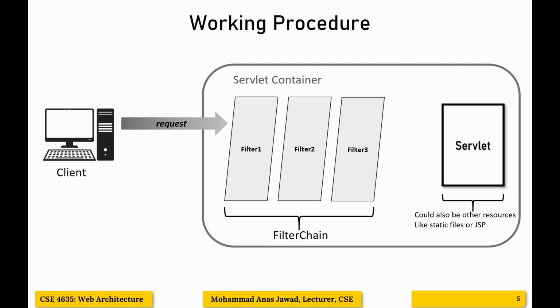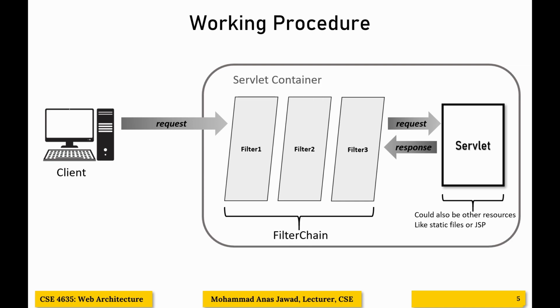So the client sends a request which is received by these filters. After the filters have performed some processing on it, the request is redirected to the servlet. The servlet, after performing its own processing on the request, sends back the response to the client. If I have defined the project in a way that the response has to pass through these 3 filters again, then the response is received by these filters.